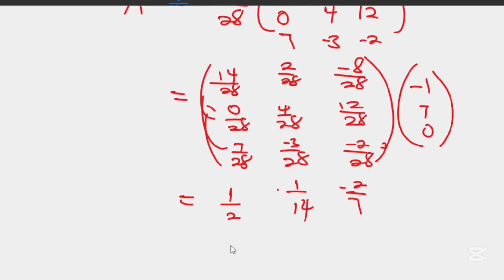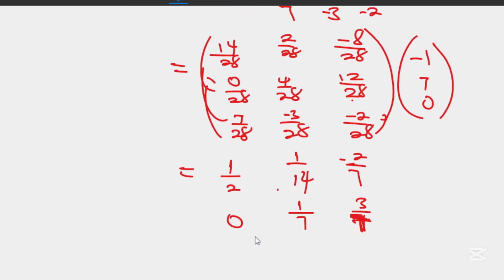Then here 0 on 28 is 0. 4 goes into 28 seven times, so 1 on 7. 12 on 28, 4 goes here, 3 on 7. Then 7 on 28 goes to 1 on 4.